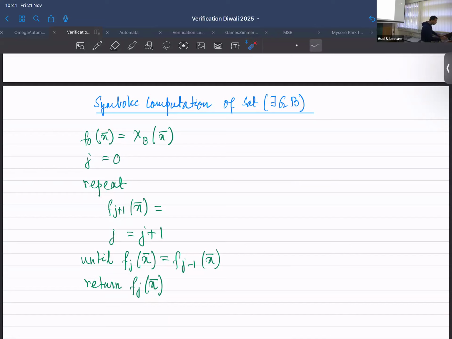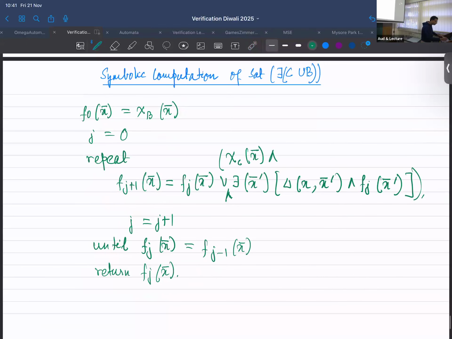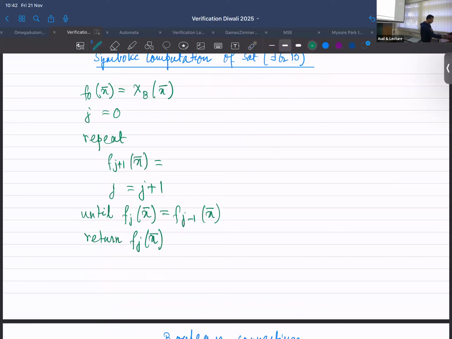So here I had a disjunction, correct? Now, instead of a disjunction, I'm going to have a conjunction. Clear? So I have Fj of X bar and what?